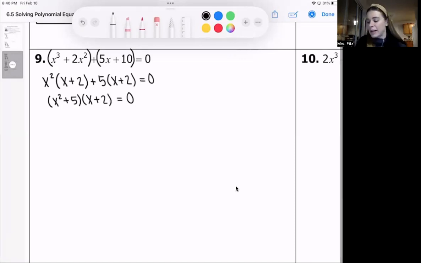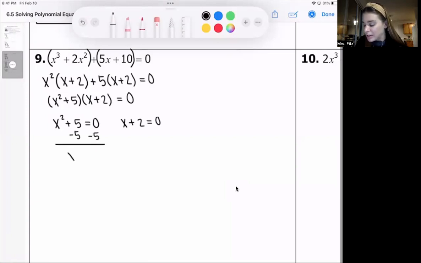Okay, from here, I can set each of my factors equal to 0. So x squared plus 5 equals 0, or x plus 2 equals 0. From here, I'm going to subtract 5 from both sides. We get x squared equals negative 5, square root both sides, and x equals, don't forget the plus or minus, i root 5.